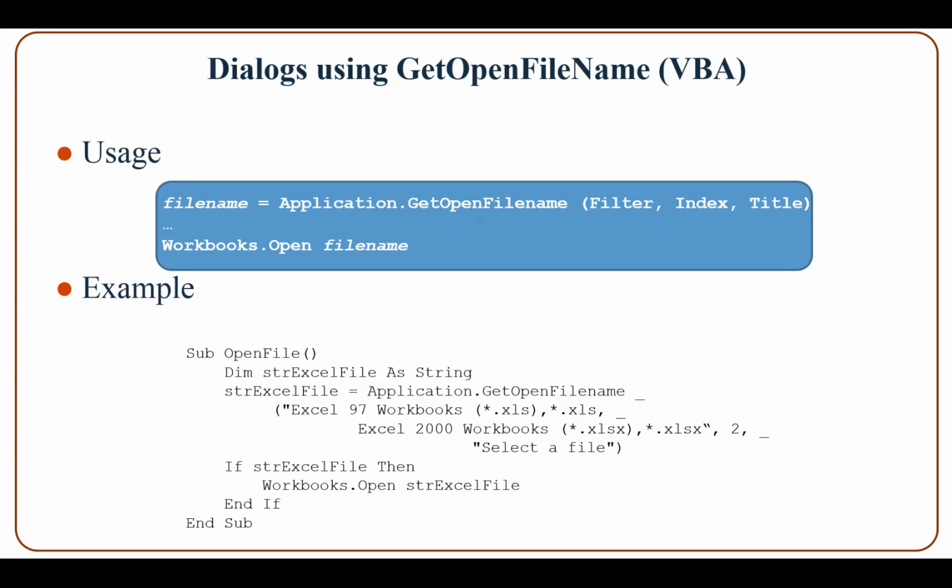So the first file type in the filter is Excel 97 workbooks, and the second type is Excel 2000 workbooks. The second type is selected by default, and the title of the dialog is Select a File.